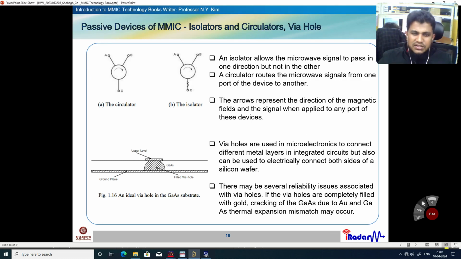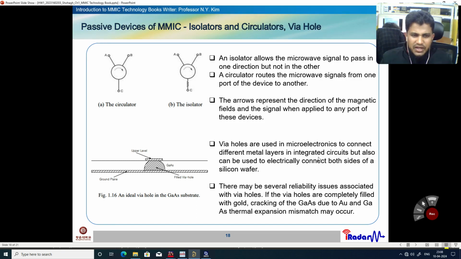Suppose we need to connect a routing line from the third layer to the fourth layer, or the first layer to the second layer. At that time we need to put a via. Through the via, we connect the routing lines of our designed monolithic microwave integrated circuit. So this also plays a vital role in our designs.